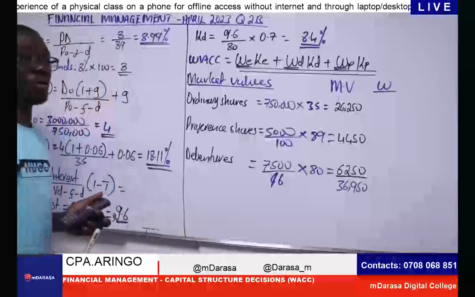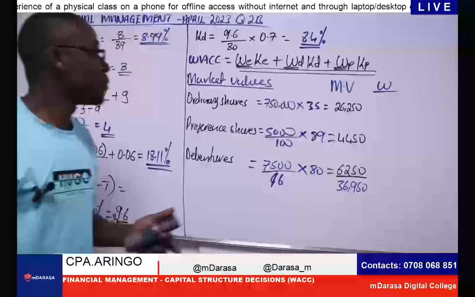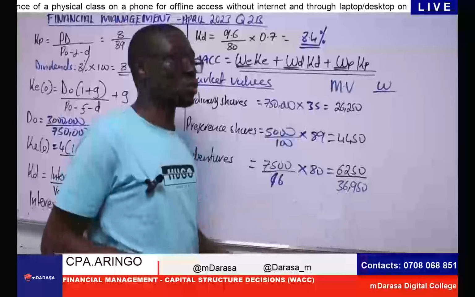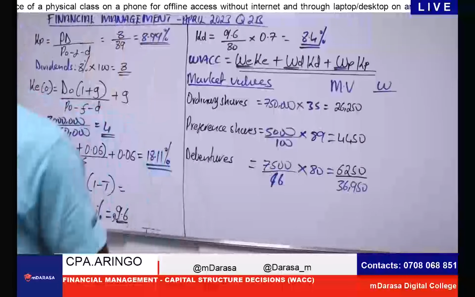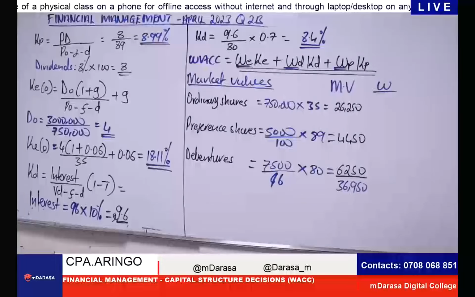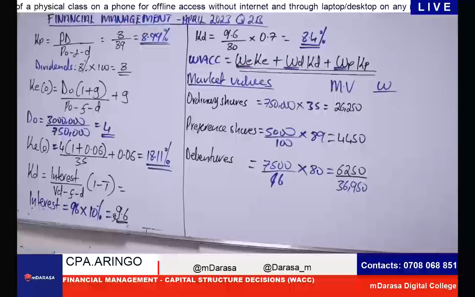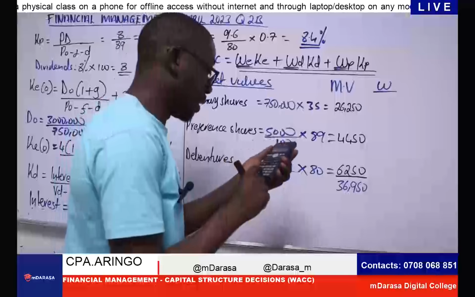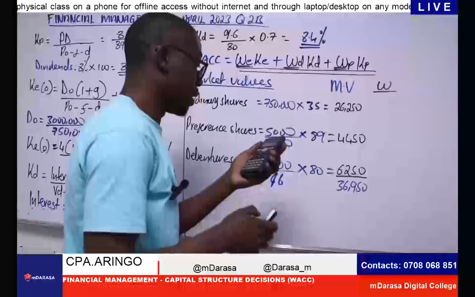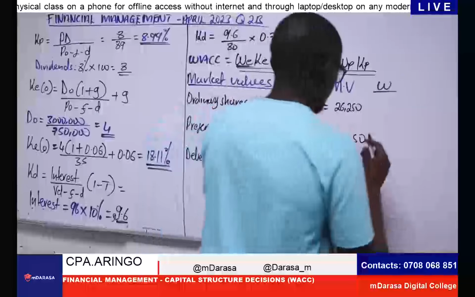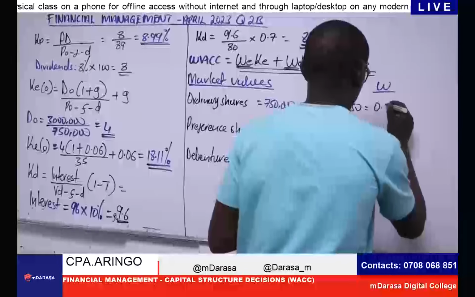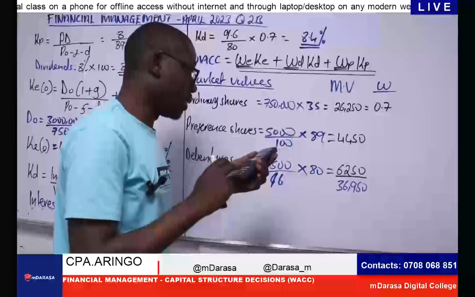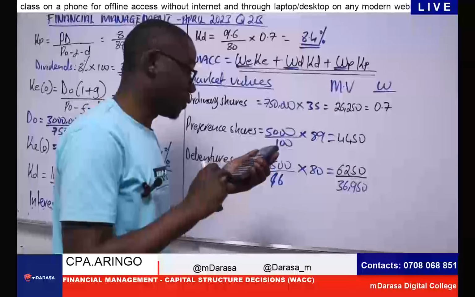To determine our weight, this will be very simple, because I need to determine the proportion of ordinary shares to our total. All I'll be required to do is to take 2650 divide by 36,950. In this case, I'm having 0.7. So we take this one to be 0.7. 4450 divide by 36,950.